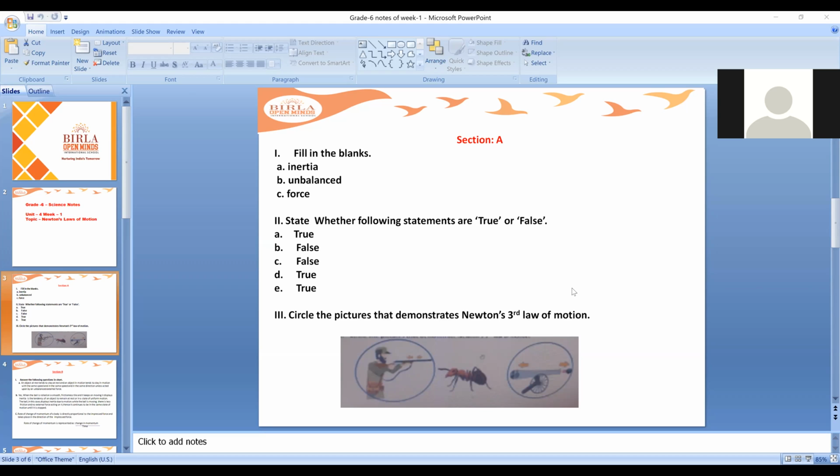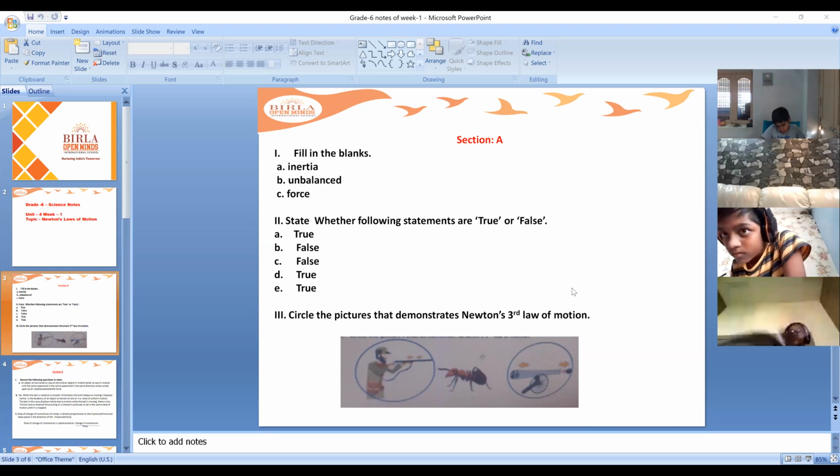But I'm writing, ma'am. Okay, that's fine. Rudranish, Bharadwaja, Hanvita. Ma'am, can you open the PDF? So you have completed writing this? No, ma'am.